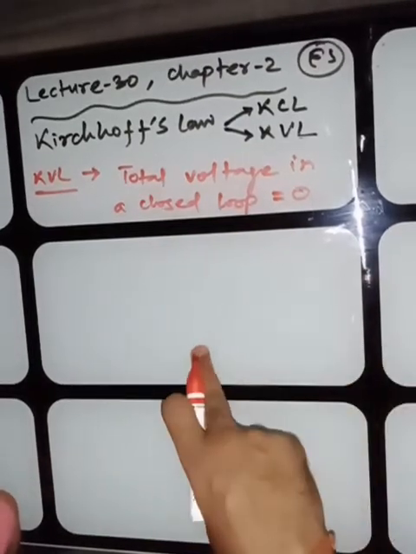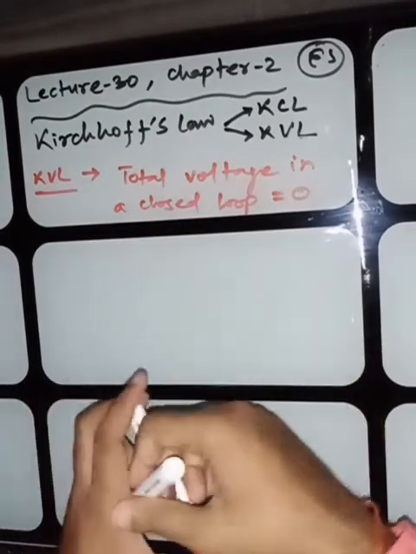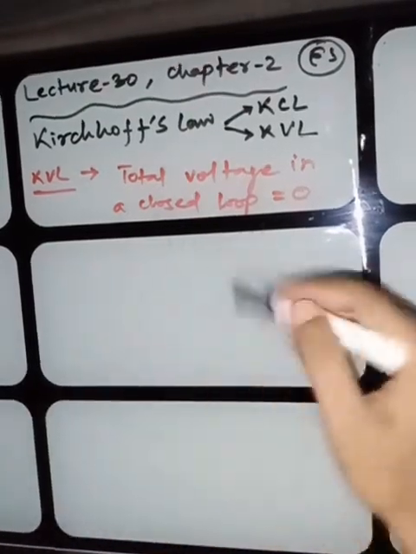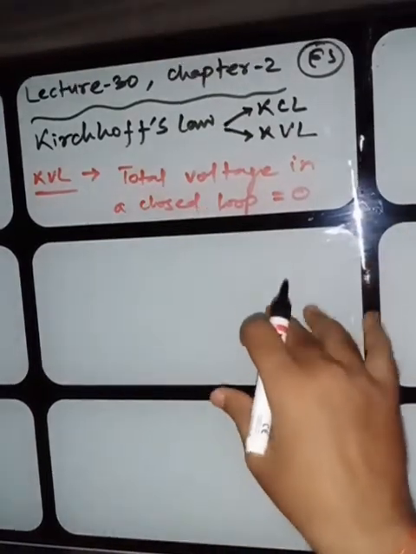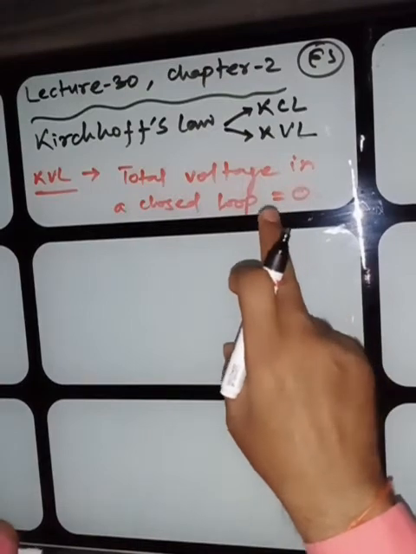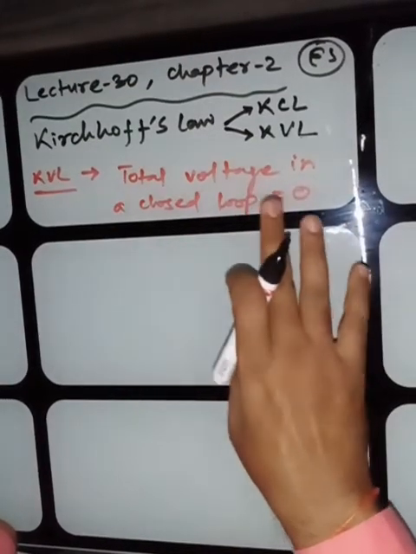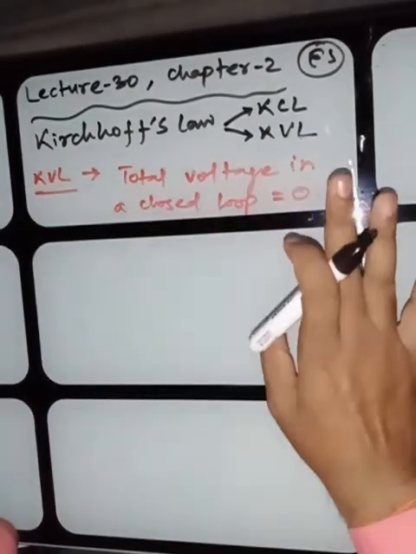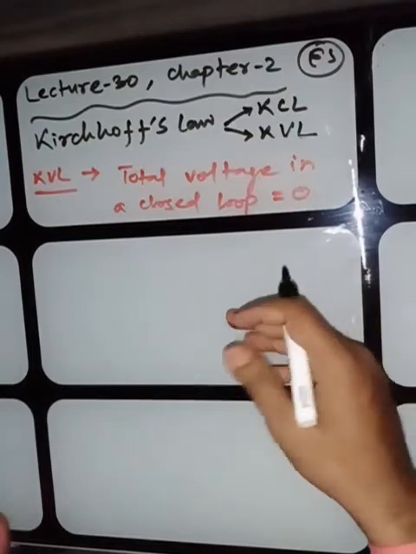If you move from any point, and after moving through the entire circuit you reach that point again, then that network is considered a closed circuit or closed network. So according to KVL, the total voltage in a closed loop must be equal to 0. What does it mean?